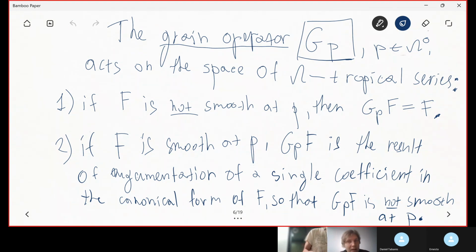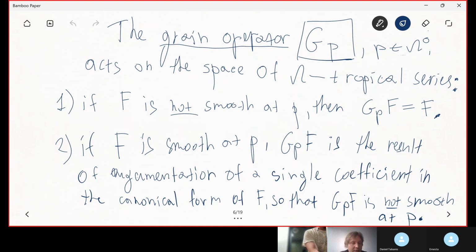So anyway, this operator G_P, for P in the interior of the domain, acts on the space of omega tropical series in the following way. If your tropical series is not smooth, or if you like not linear at this point P, then the operator does nothing.